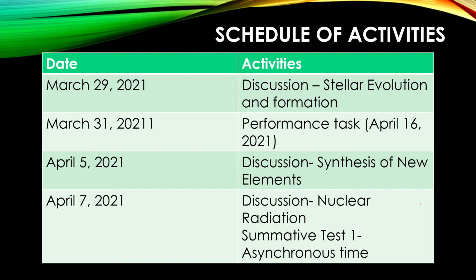So we have the schedule of activities. Last week we discussed stellar evolution and formation. March 31 we had the performance task, and this performance task will be passed on April 16, 5 p.m. For this week, April 5 today, I discussed the synthesis of new elements and how to find the atomic number, atomic mass, protons, neutrons, and electrons.